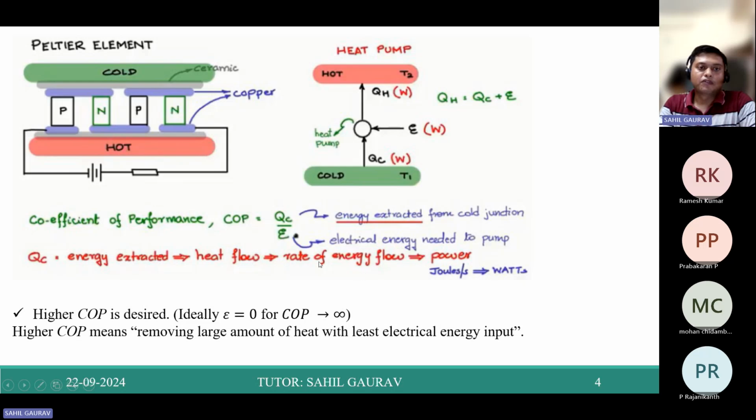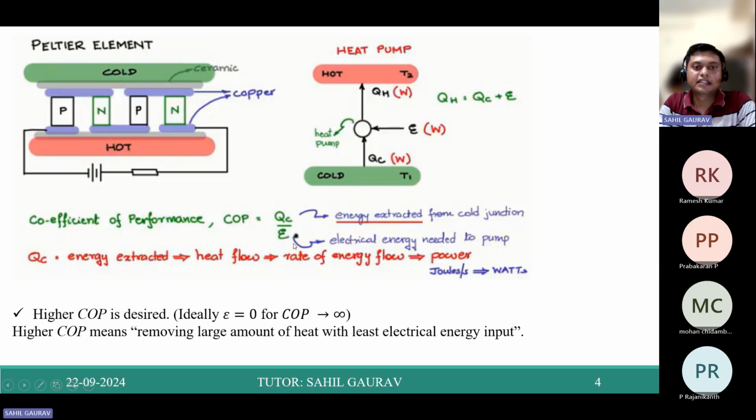The coefficient of performance is a very important term, and it is the ratio of the energy extracted from the cold junction to the electrical energy that needs to be provided to the Peltier element for pumping the heat energy. So a higher COP is desired.